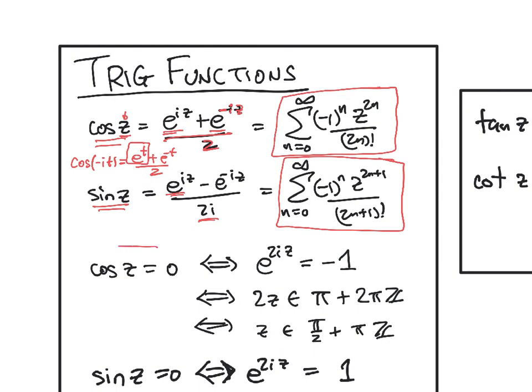A couple things to point out is that cosine of z equals 0 if and only if, well, we can just solve for it if we factor out e to the minus iz in the expression.